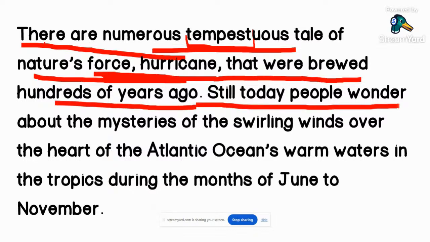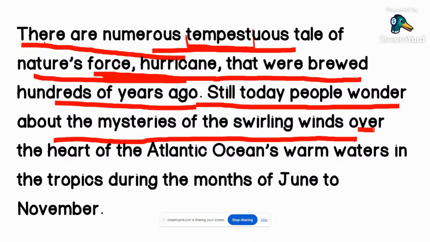Still here, people wonder about the mystery of the swirling winds and the heart of the Atlantic. There's a word missing. So always be careful to make sure that you're calling all the words. Over the heart of the Atlantic Ocean.